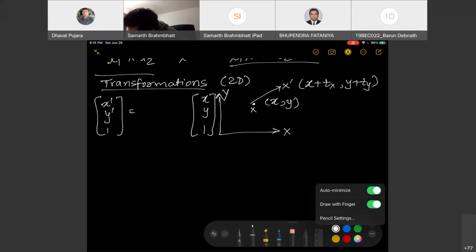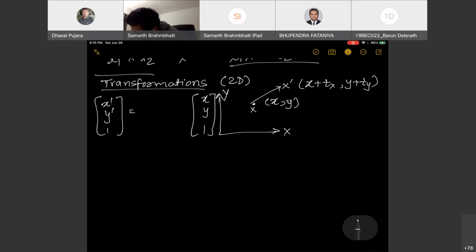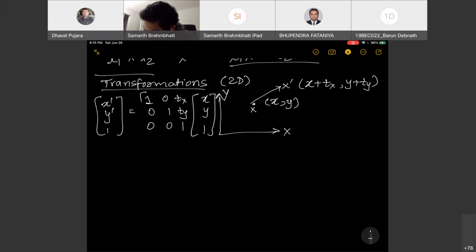But what I actually wanted to show is that if we have a matrix multiplication with the matrix 1 0 tx, 0 1 ty, 0 0 1, then this is exactly equal. In homogeneous coordinates, it is the same, and you could also write this sign here, but in this special case the equality also holds.